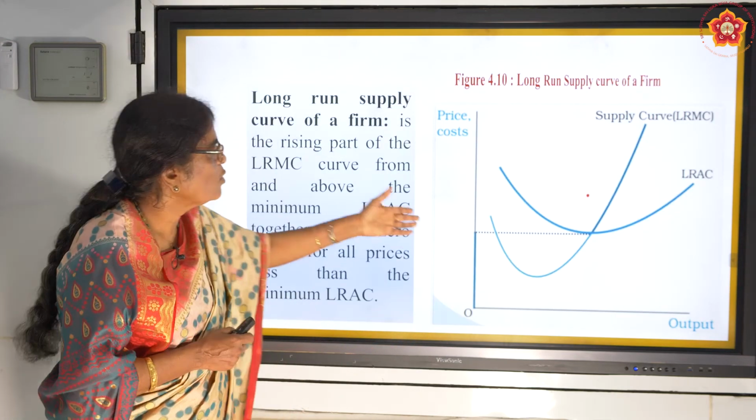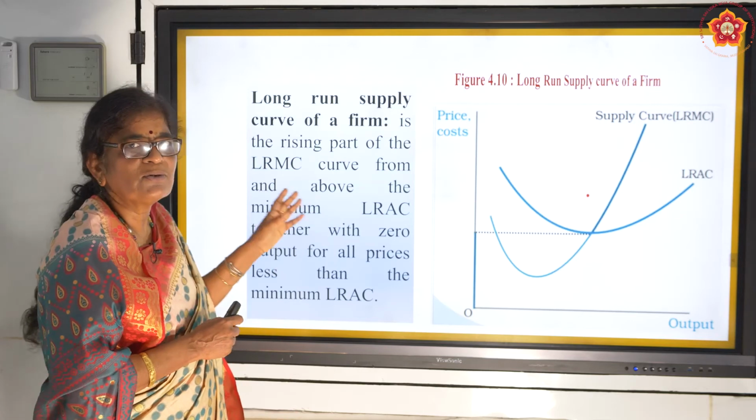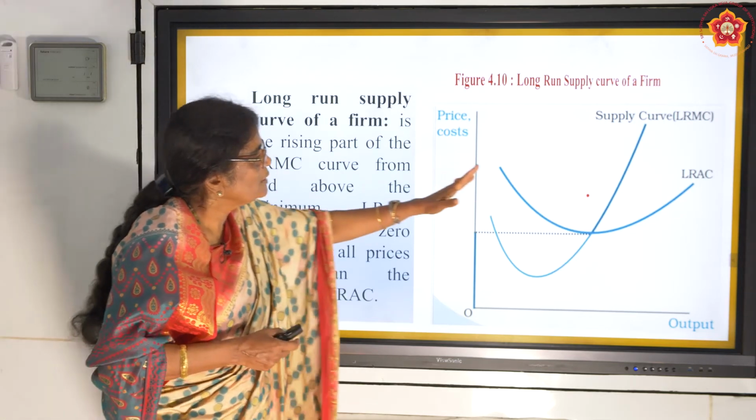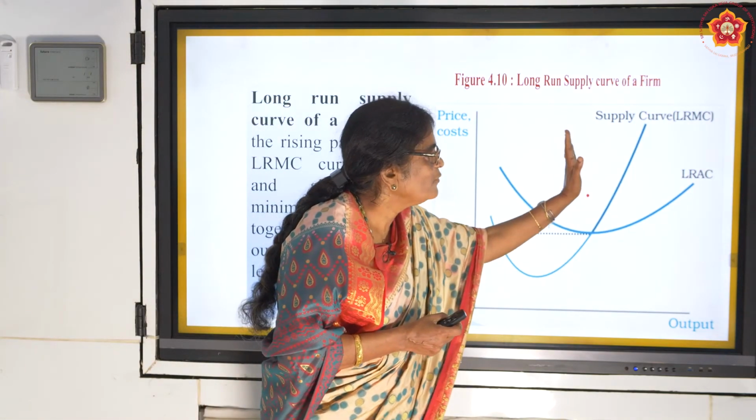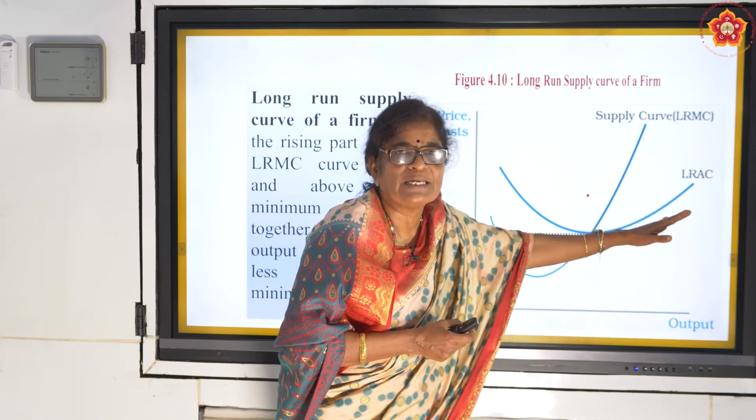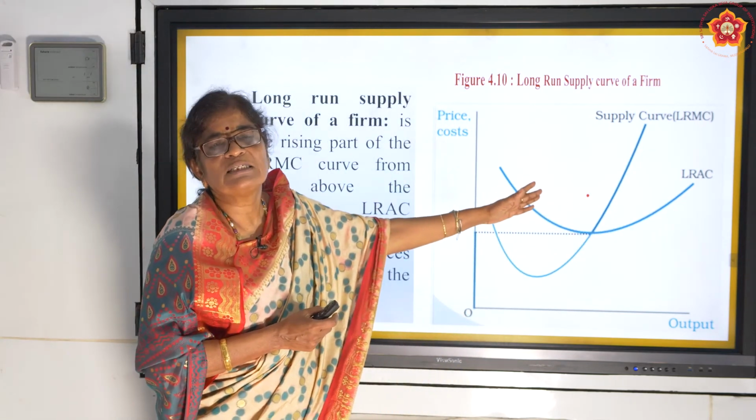Therefore, what is the long run supply curve of a firm? Because we are linking how this supply curve moves rightward or leftward, we have to explain. Before that, we should know what the supply curve for long run firms is.